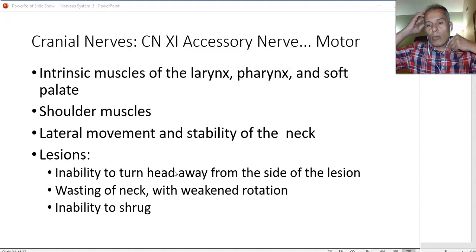So when I want to move the neck this way, the muscles from the opposite side are going to pull, and I can rotate. This is the side of damage. I can rotate away from the side of damage. Now this is damaged, so that means I cannot rotate the head away from the side of lesion here.